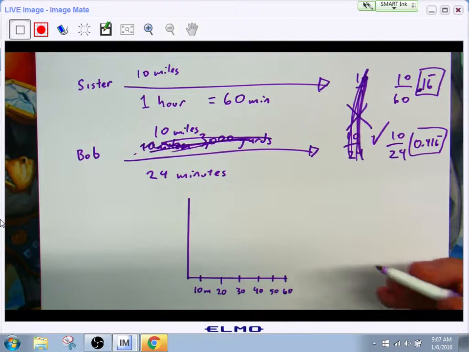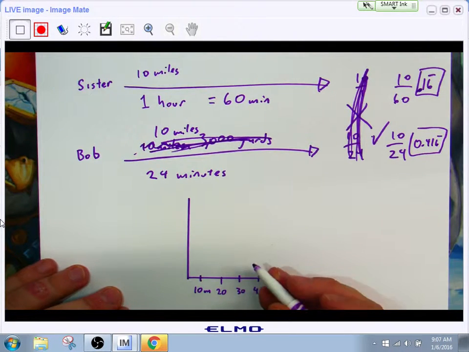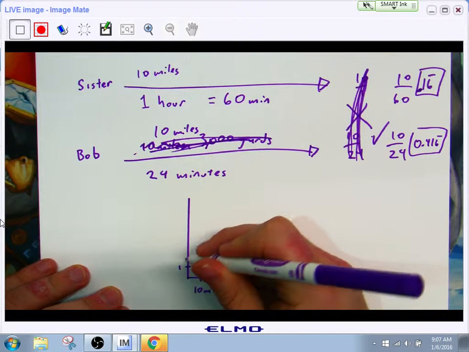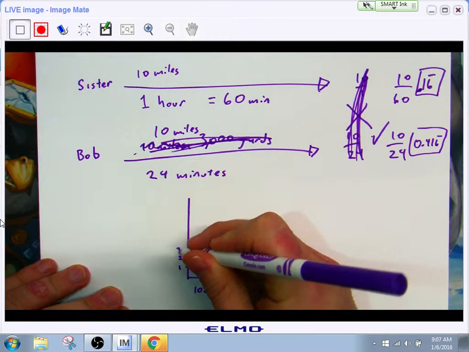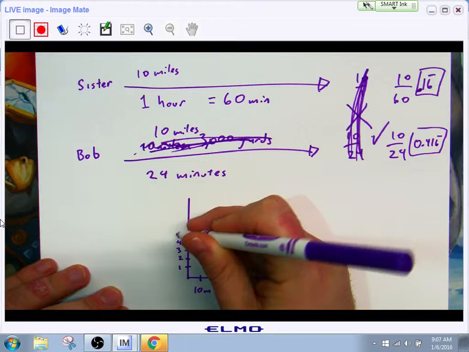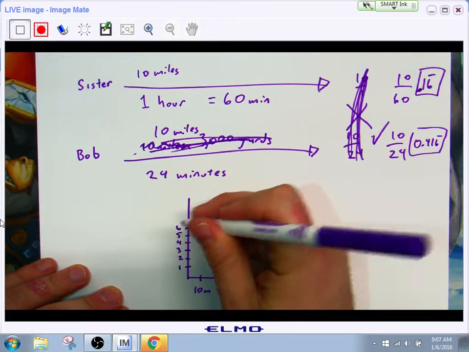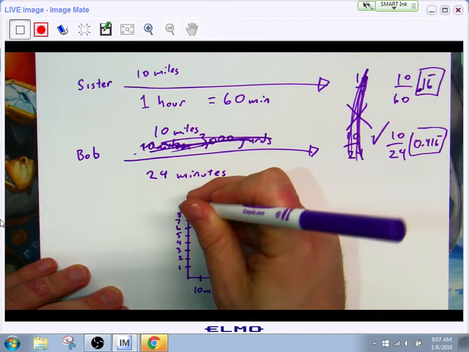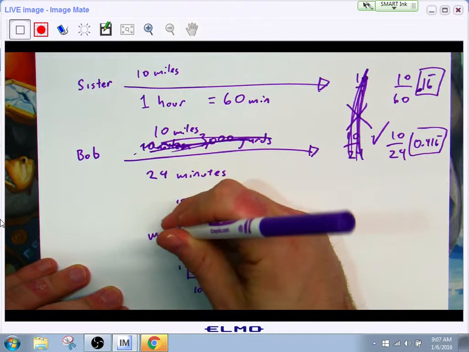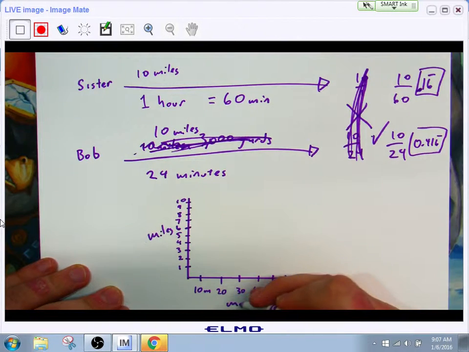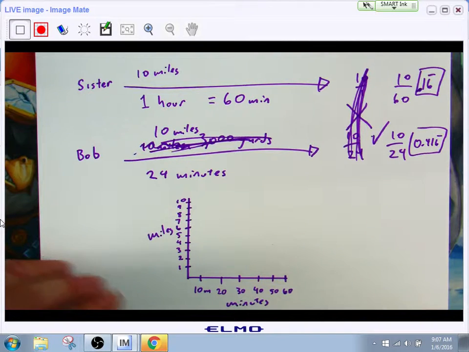And then let's say this is 1, 2, 3, 4, 5 miles, 6, 7, 8, 9, 10. This is in miles. This is in minutes. Okay?